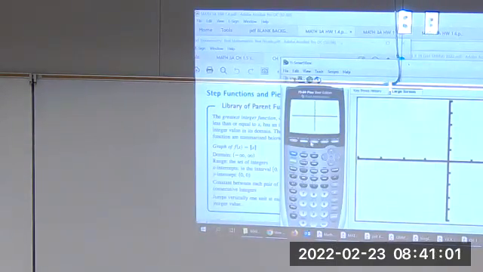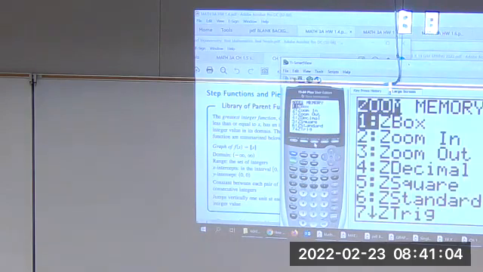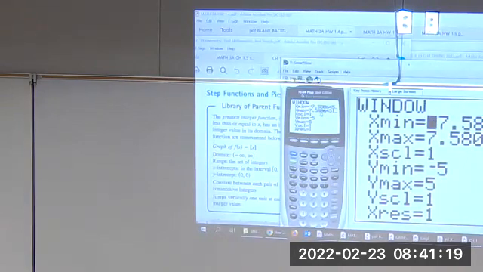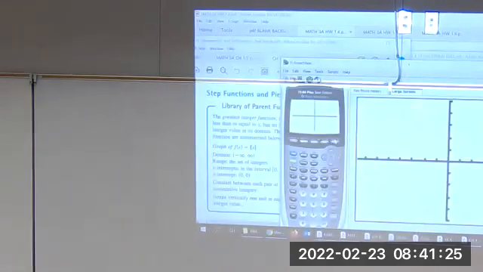I wonder if I can do a zoom. If I do a zoom square, is it going to make that a little nicer? Yeah, that's fine. It changed the x values to -7 to 7, but the y stayed the same. But now the graph is more to scale. I'm going to use -3 to 3 because you'll get the message when we just go that far.